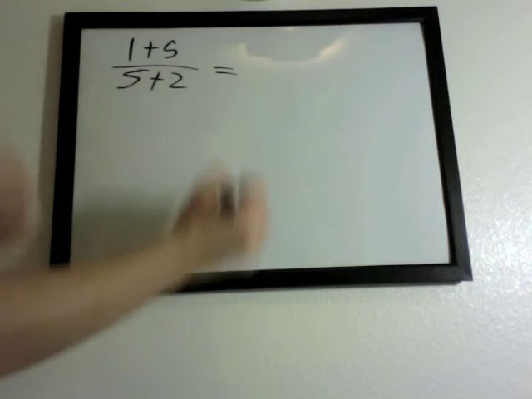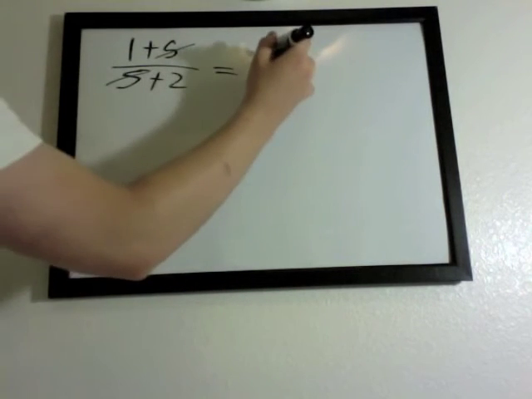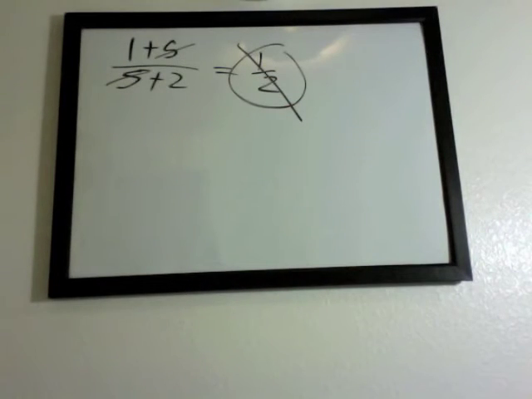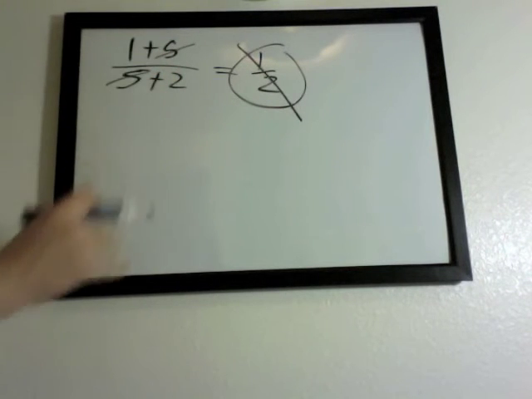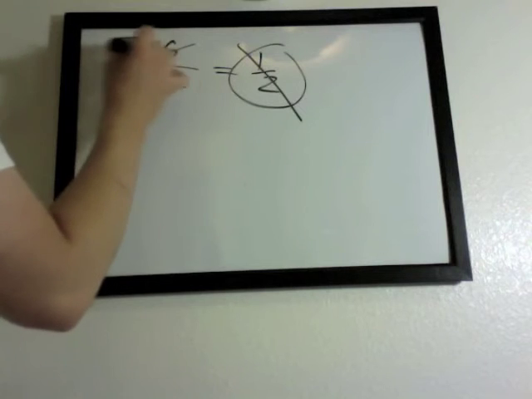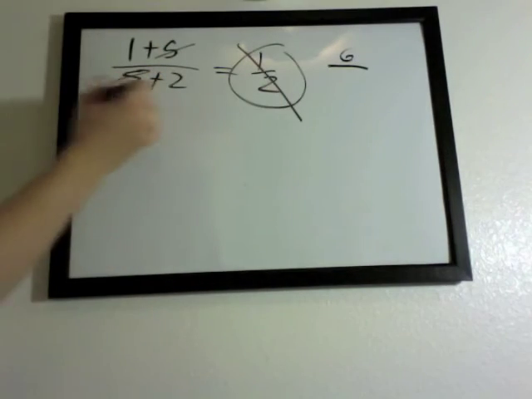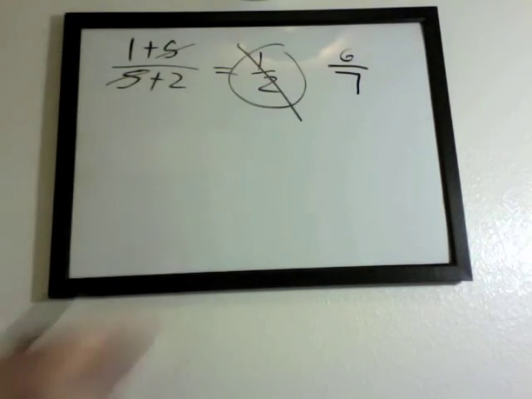You can't do this: cancel the 5's, then just do 1/2. This is not correct. It's because you're adding. You have to be multiplying those in order to do that. And the correct answer of this would be 5 plus 1 is 6. 5 plus 2 is 7. So it would be 6/7.